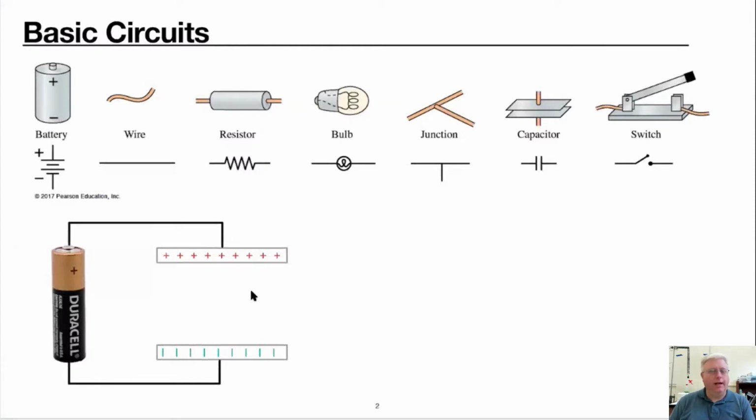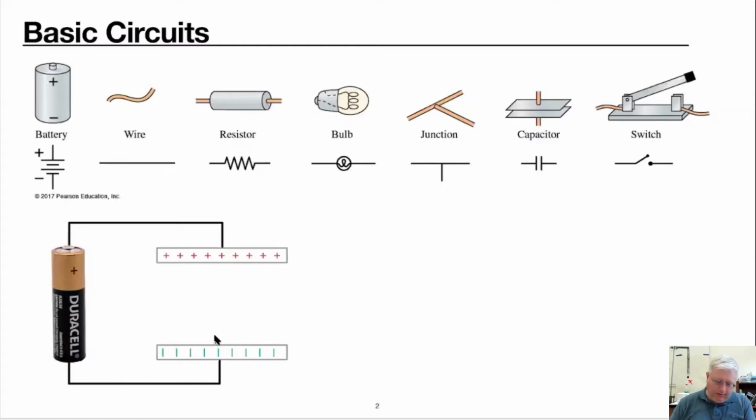So we actually have certain symbols that have been made up to represent basic elements in a circuit. And so these are some of the ones here that we'll use. And when we put them all together, when we draw how they all get set up to represent the circuit, we call this a schematic diagram.